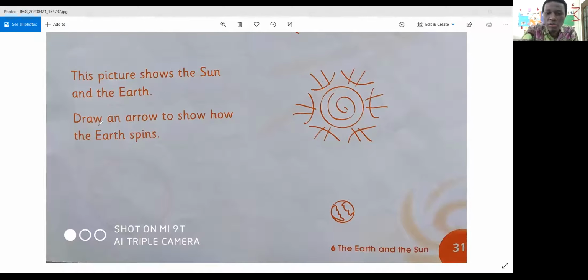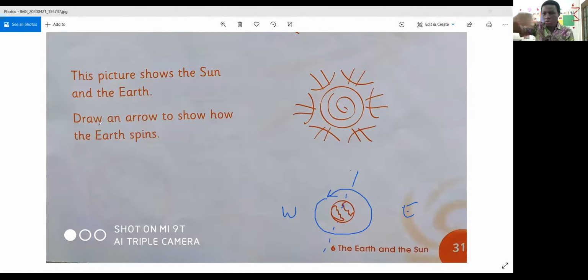So the rotation of the earth will always be from west to east. Great. Remember, so it will be from west to east. This is how the earth will rotate around the imaginary axis, which is almost 23.4 degree.